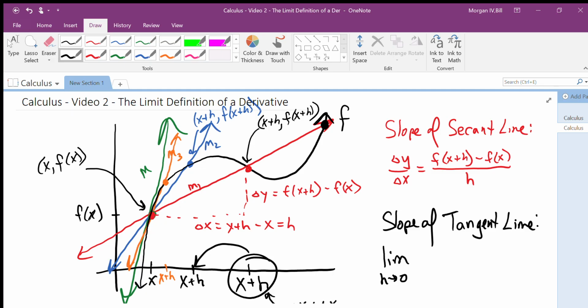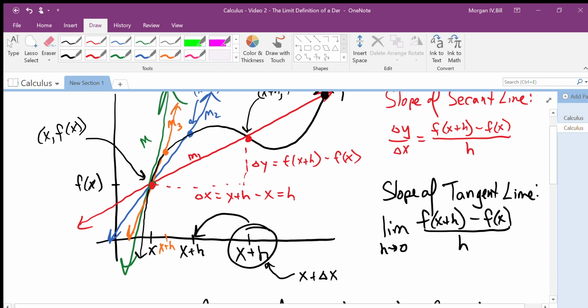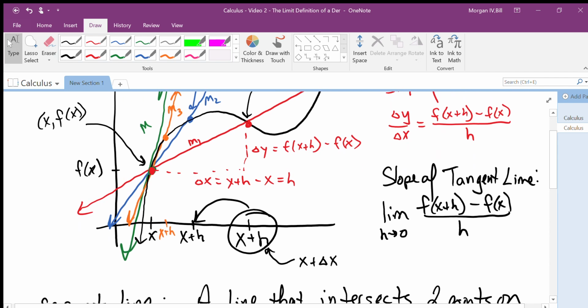The slope of the secant line becomes more and more the slope of the tangent line. And so the slope of the tangent line can be given as the limit as h goes to 0 of f of x plus h minus f of x over h. And this is called the limit definition of a derivative.